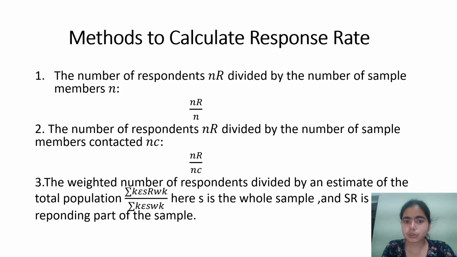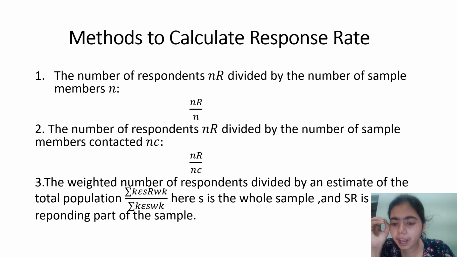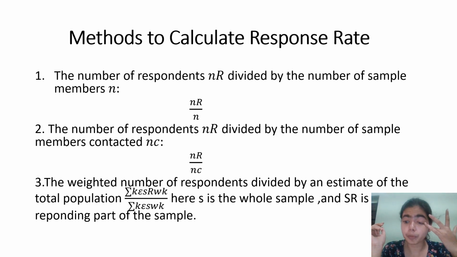Okay, so there are methods to calculate response rate: how many people have responded and how many people have not responded. On the basis of that we collect how many people responded and how many did not.